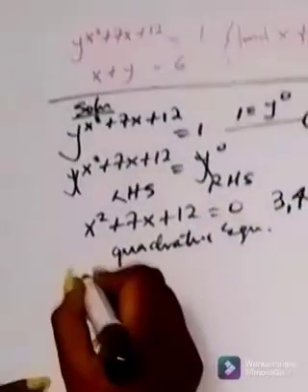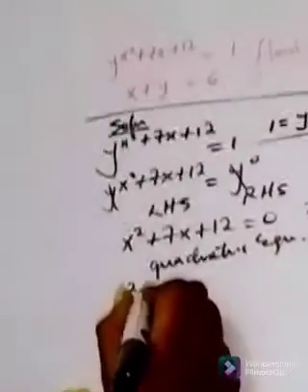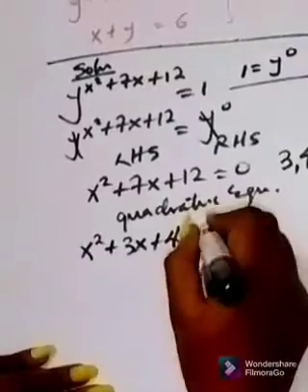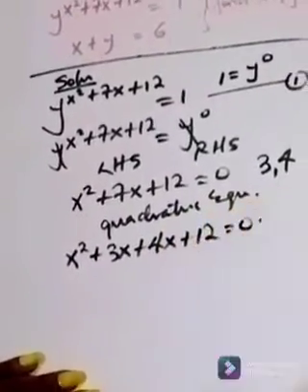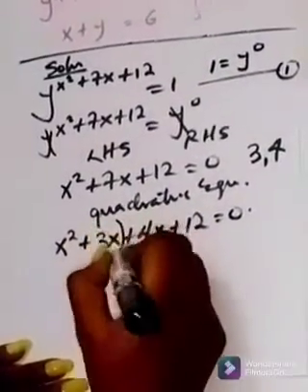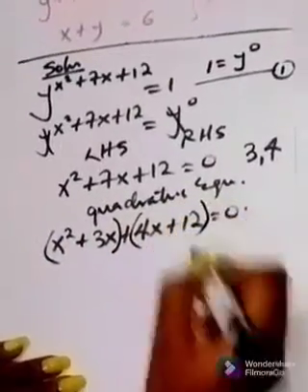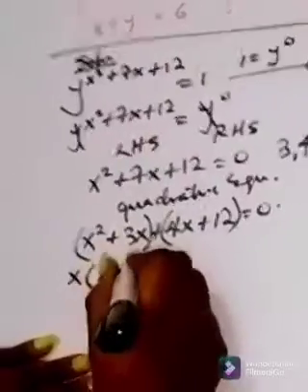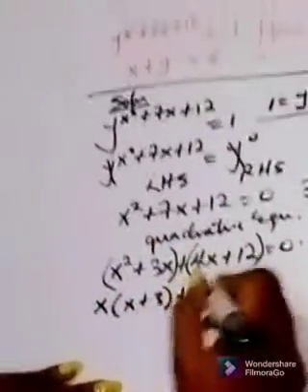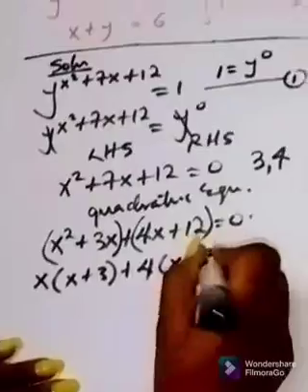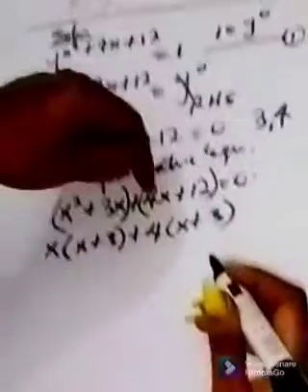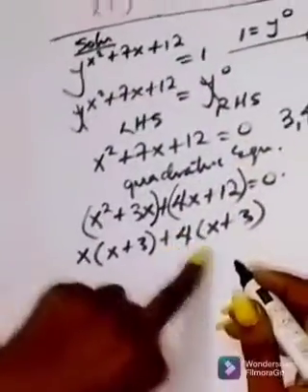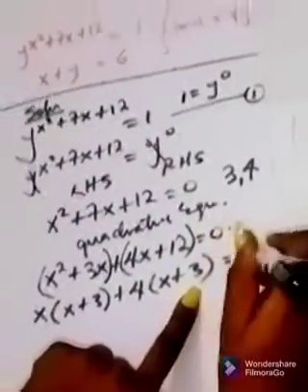So let's break it down. X squared plus 3x plus 4x plus 12 equal to 0. So bracket it, factorize it. X becomes x plus 3 plus 4 times x plus 3. Remember, when you divide 4x by 4, you have x. When you divide 12 by 4, you have 3 equal to 0.